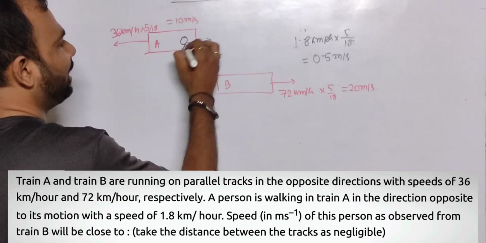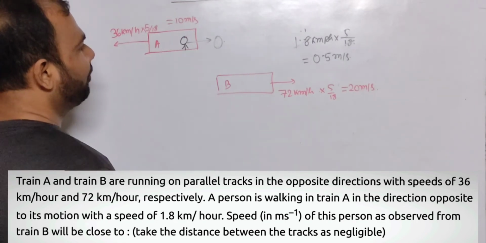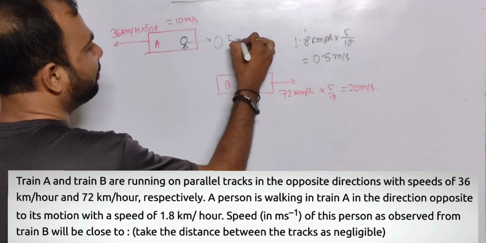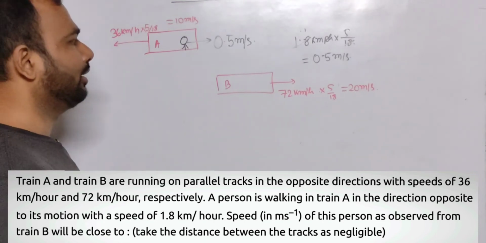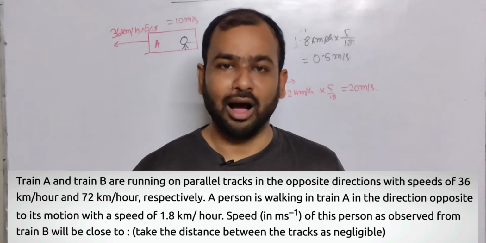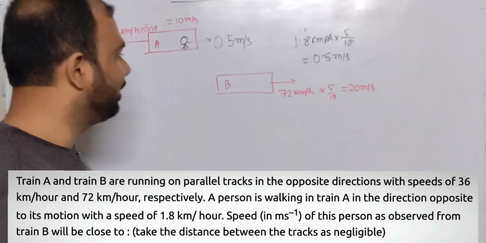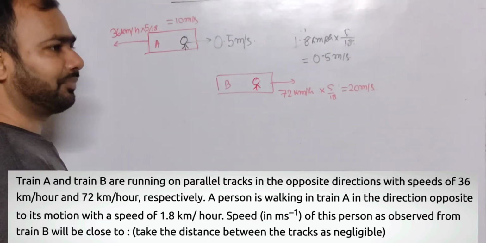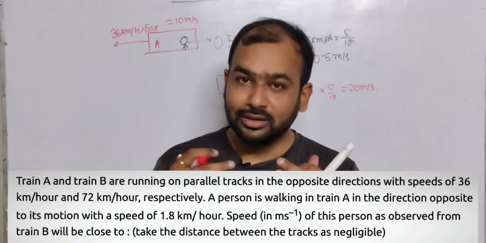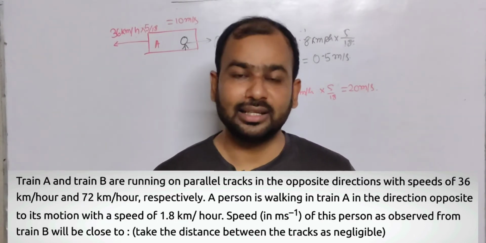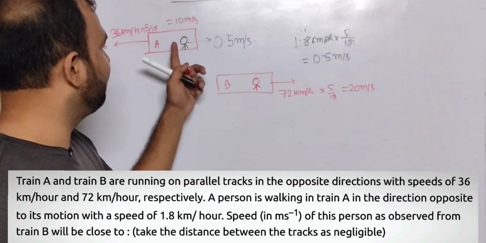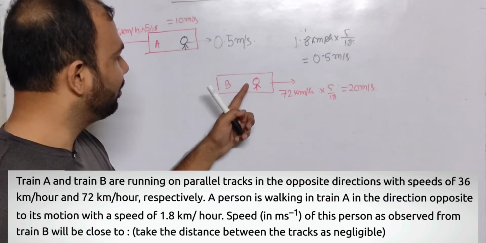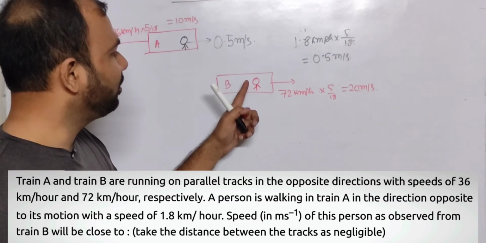That means he is moving in this direction with 0.5 meter per second. The observer in train A observes him, and we have to find the apparent velocity of this man with respect to this.